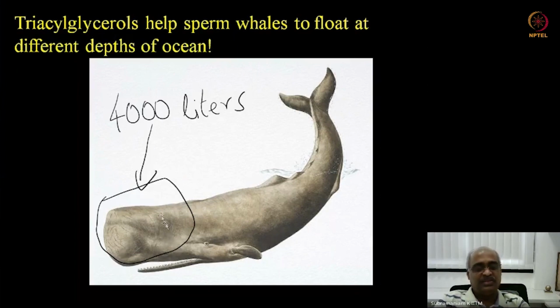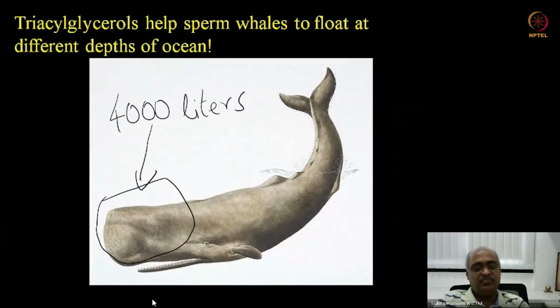Its density will be lower and it can neatly float on the surface. But when it dives, it dives as deep as 3,000 meters, mostly about 1,000 meters, which is a lot deeper, about 1 kilometer from the surface of the ocean.